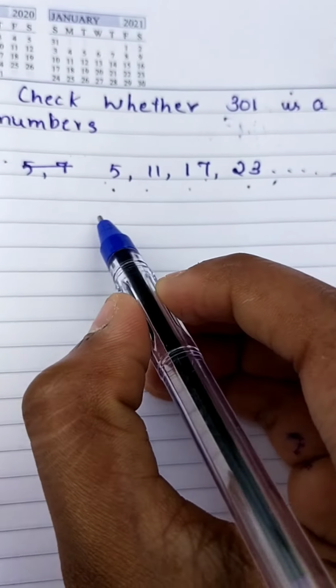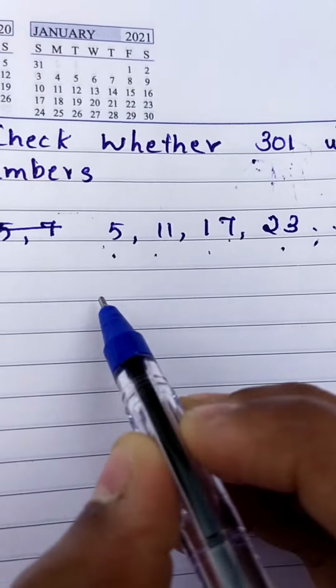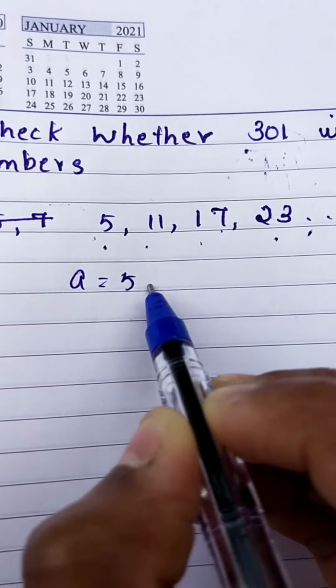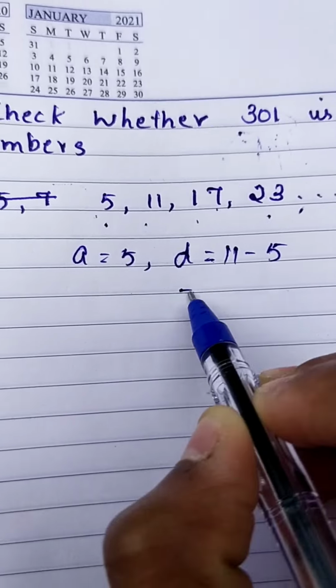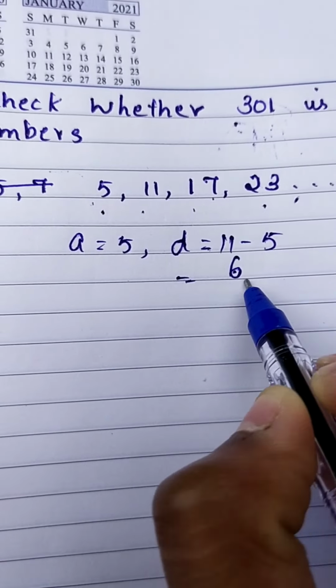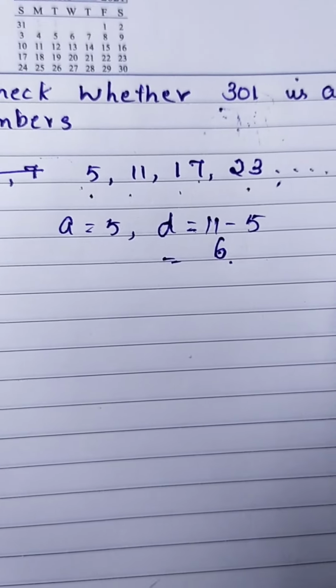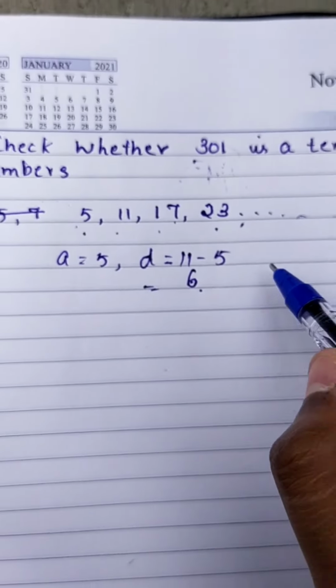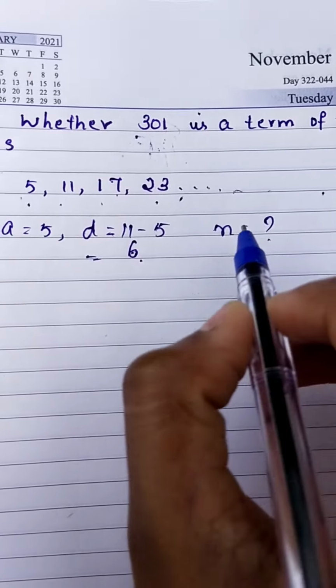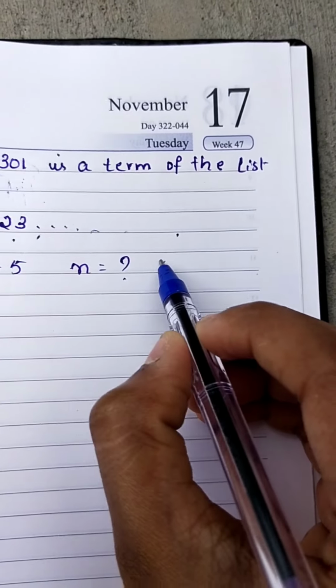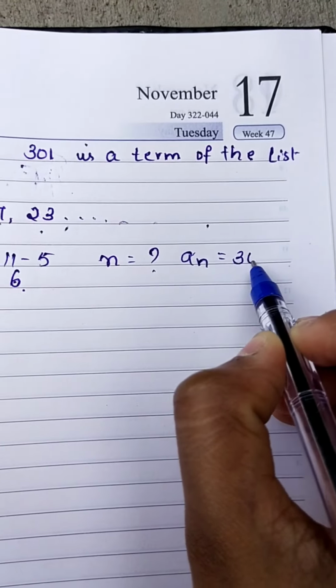So a is equal to 5, d is 11 minus 5, that is 6. And n you have to find, which term that is. an is equal to 301.